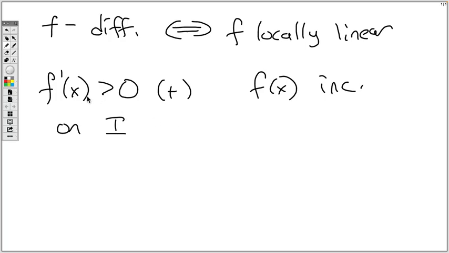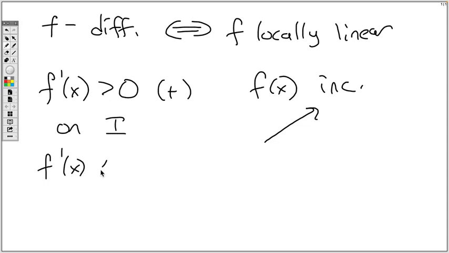So remember, the derivative is the what on the graph? Derivative is the slope. So if the slope everywhere is positive, then that means the graph of the function overall is increasing. So that's taking what's happening locally at every point and then extrapolating it globally over an interval.